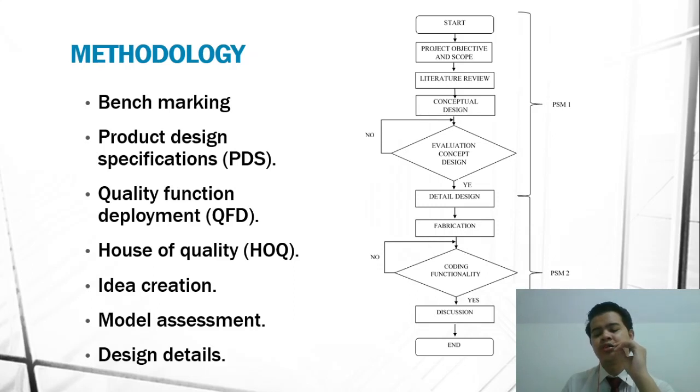After the fabrication of the product, we will proceed to coding the functionality of the Arduino circuit box. If the coding does not respond perfectly, we will make a new coding. But if the coding is perfect, we will proceed to the discussion.